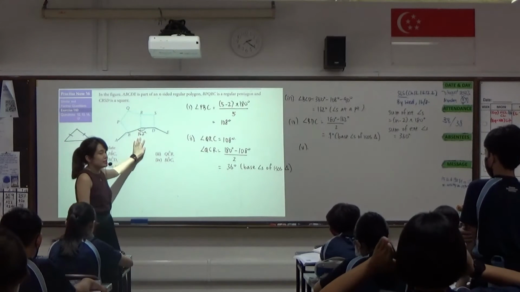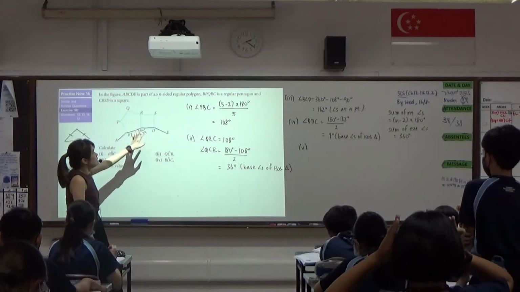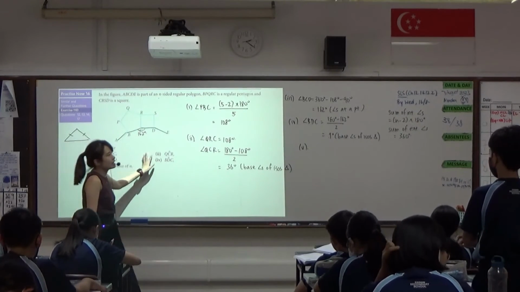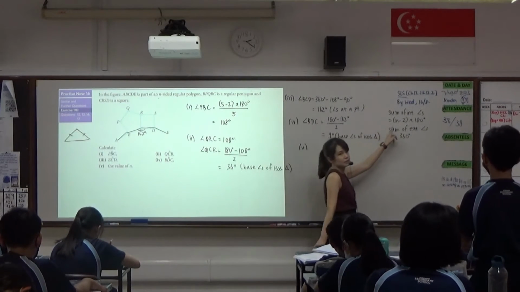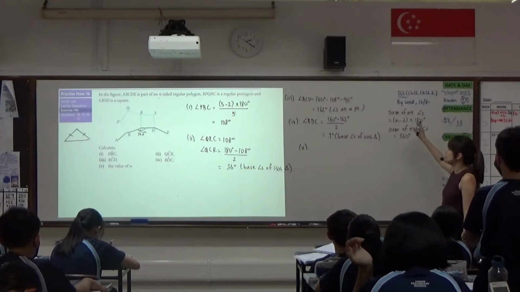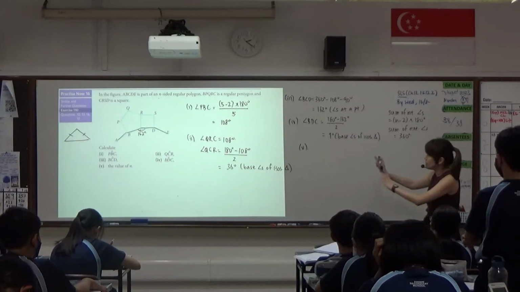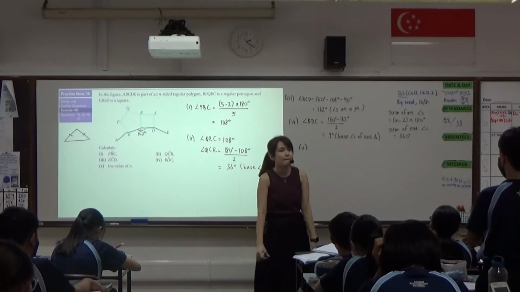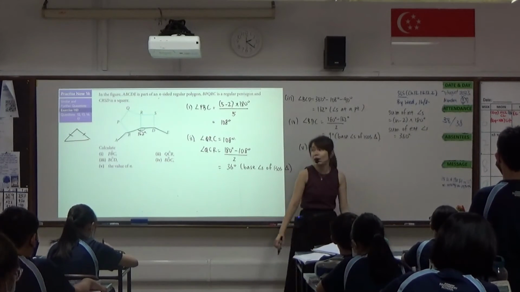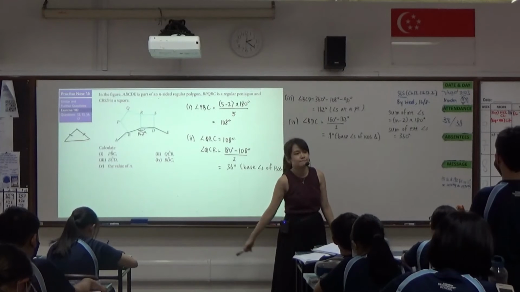Interior angle, right? So in a regular polygon, the sum of interior angles fulfills this formula. Correct? Can I make use of this formula to help me form an equation to find n? If I take this divided by what, can I get 162?